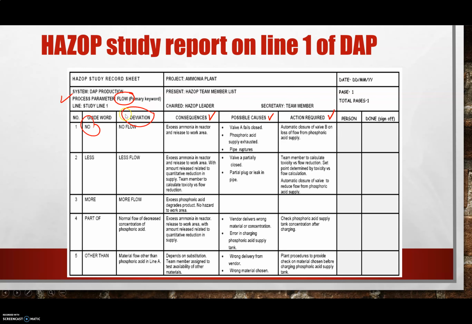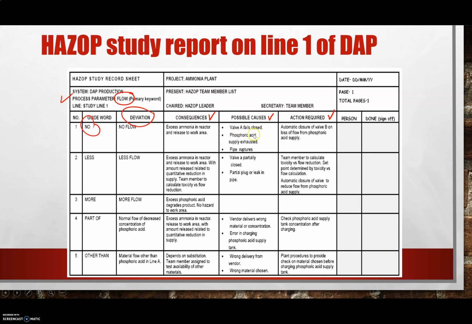So there is no flow in the line. What will happen? The consequence is that excess ammonia in the reactor will occur and be released to the work area. So this is the consequence to the workers. What are the possible causes?